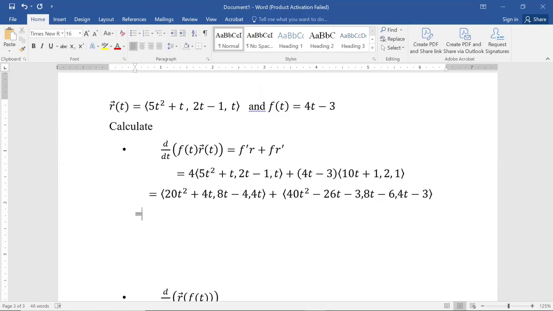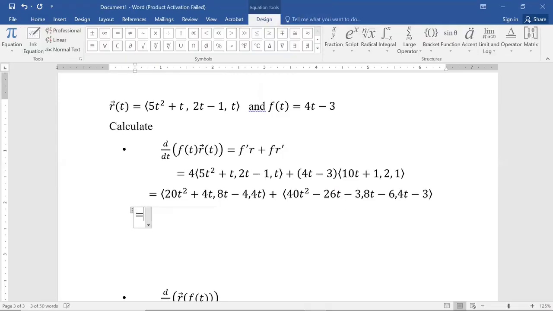Now adding, when we add these two things together, we add the x components together. So 20t squared plus 40t squared is 60t squared. 4t minus 26t is minus 22t, and then minus 3. That's my x component.